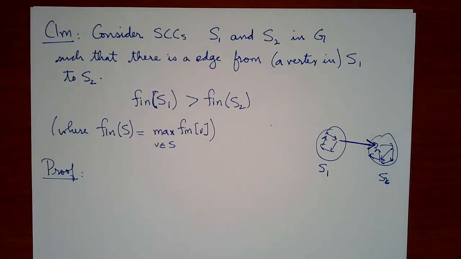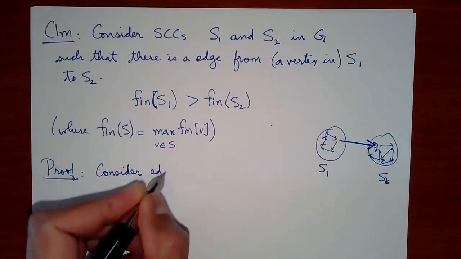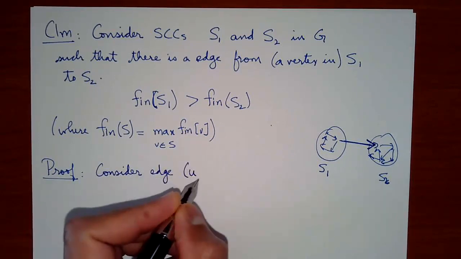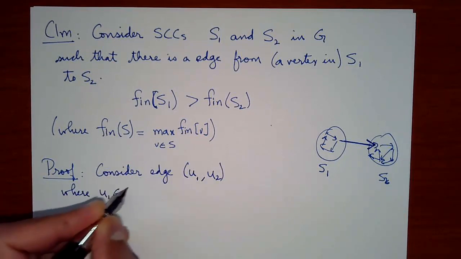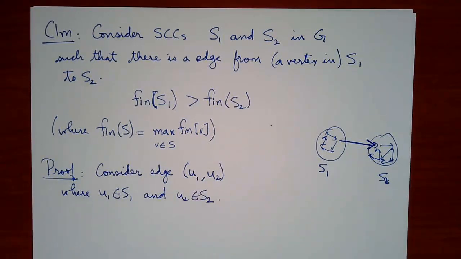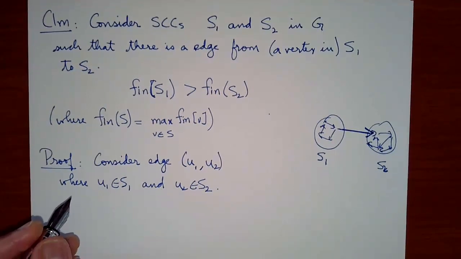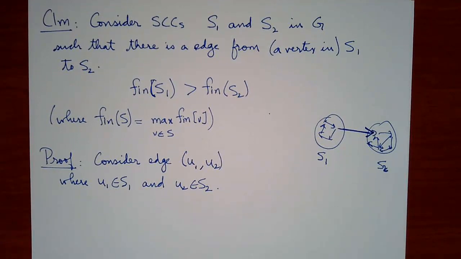So let me write this down more formally. I'll say consider the edge U1, U2, where U1 is in S1 and U2 is in S2. Right? Okay.